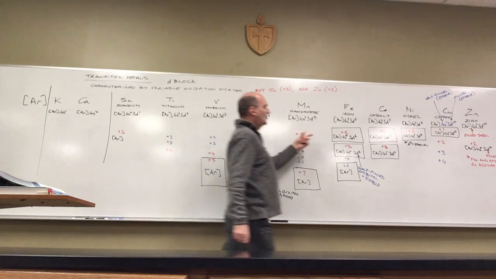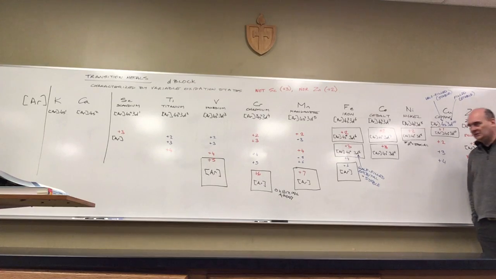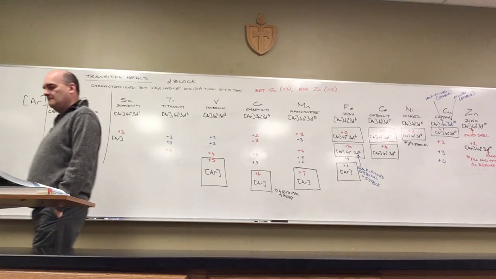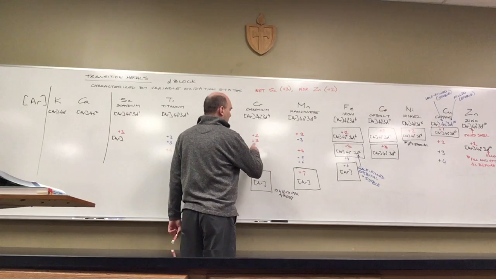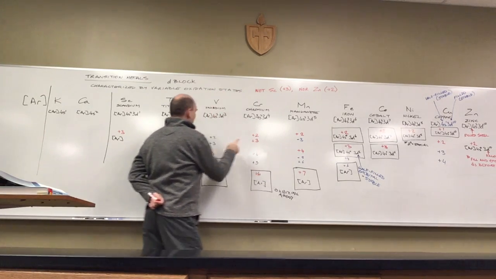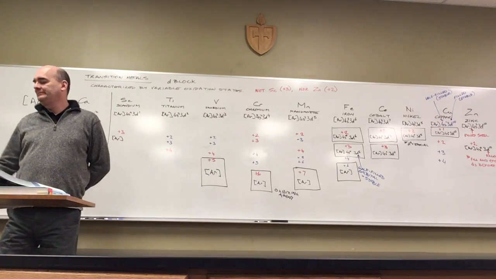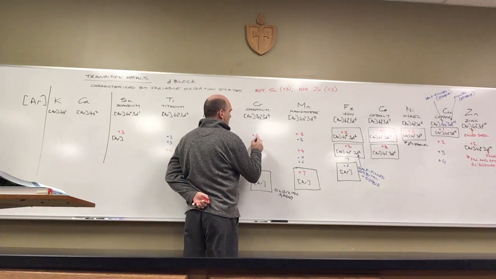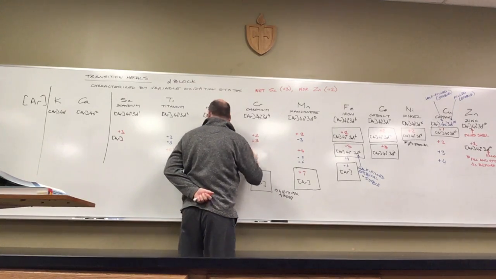All right, there's one other trick on the periodic table. All of them having the +2, not a surprise. They're all supposed to have the +2. Copper has the +1. Chromium is the one that stands out as being +3. Chromium's going to be a little bit different.